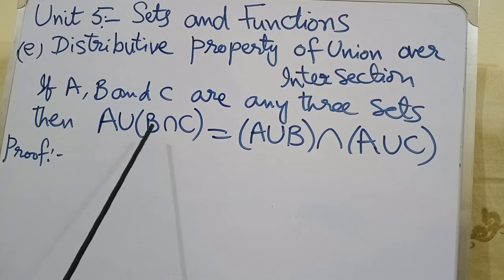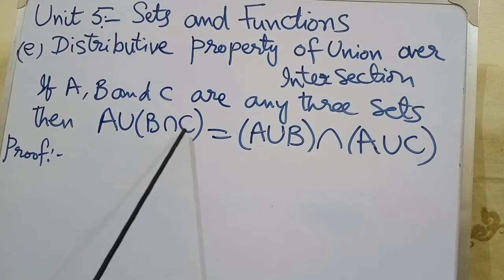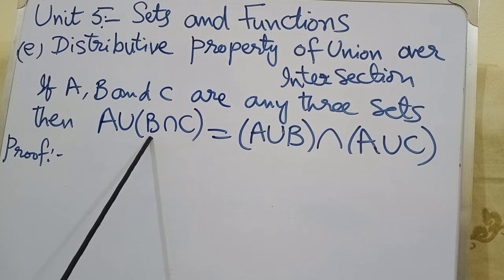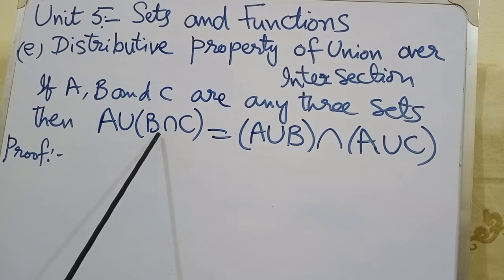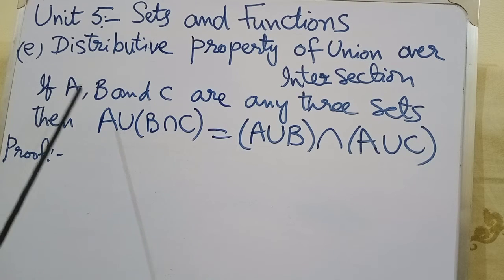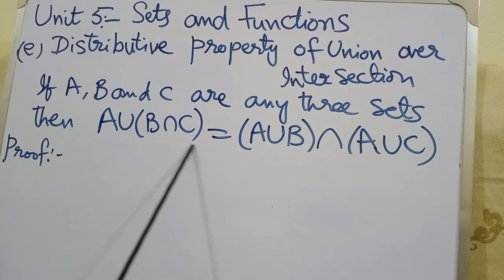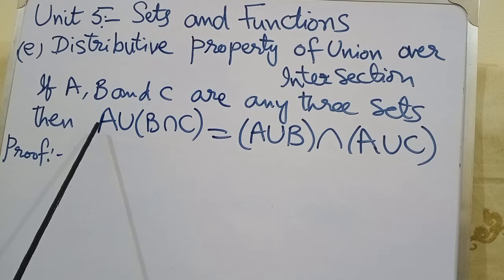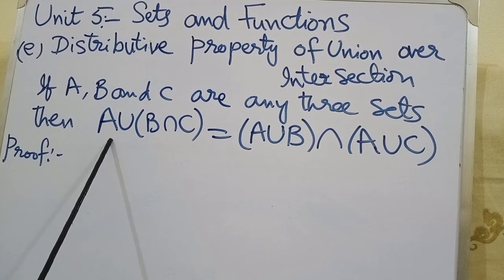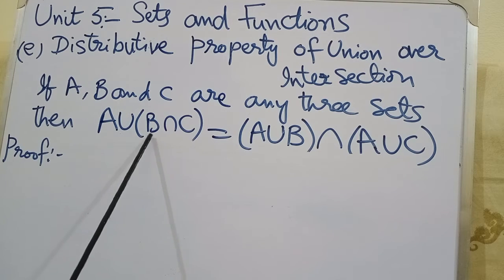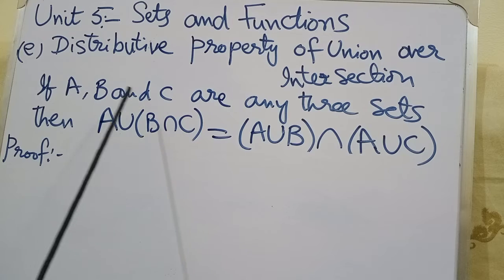One is A and second is B intersection C. This is another set of elements of two sets B and C. It means we have here in the left hand side a set having all elements of A and all elements of B intersection C.